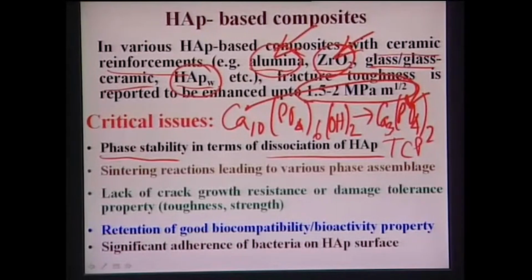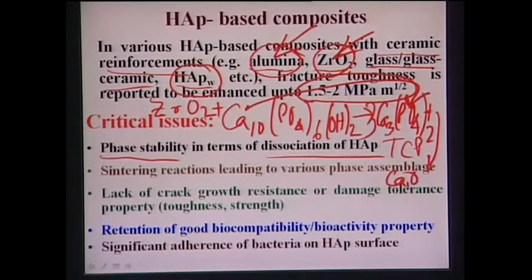Another problem is that if you add zirconia to hydroxyapatite and do not control the sintering conditions fairly well, then this hydroxyapatite can dissociate into TCP, and if you balance these reactions, you will end up having 1 mole of CaO from 1 mole of hydroxyapatite.